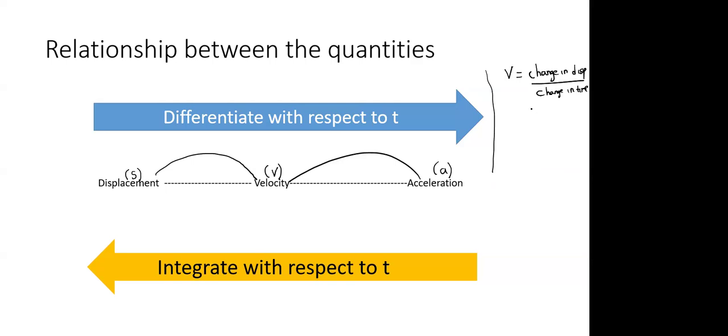The change in displacement, sometimes we represent it by this sign with R, or you can use S, divided by the change in time. The change in S over the change in t translates into what we call ds/dt, and this is what we call velocity. So in order to obtain velocity, you differentiate displacement. In order to obtain acceleration, you differentiate velocity.